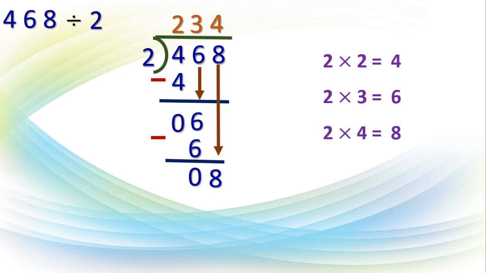So we will write up 4 and we will take 8 down. 8 minus 8 is equal to 0. What is the quotient here? 234. Divisor 2. Dividend 468. Correct? And remainder is 0. Right?